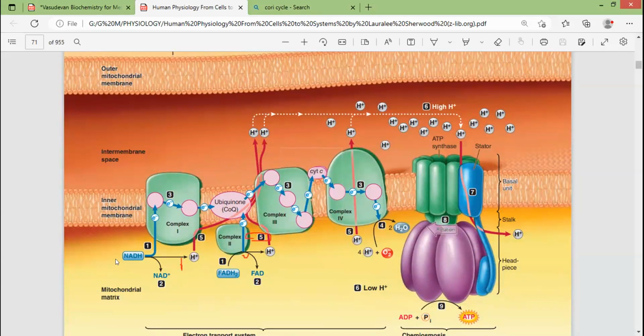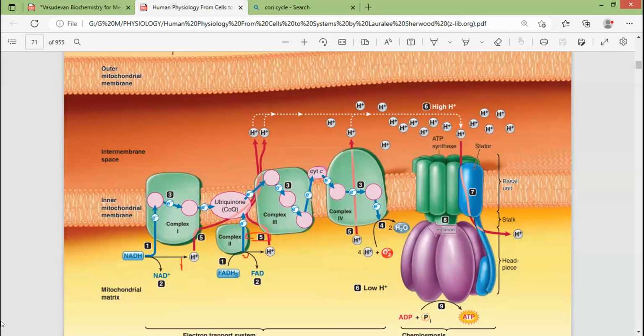NADH from glycolysis, from TCA, has come here to the inner mitochondrial membrane. It says to complex 1, take my electrons, I'm going back to glycolysis, I don't belong here. So it gives its electrons to complex 1, and then it goes on its way.